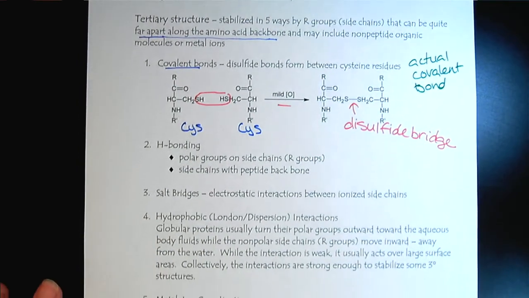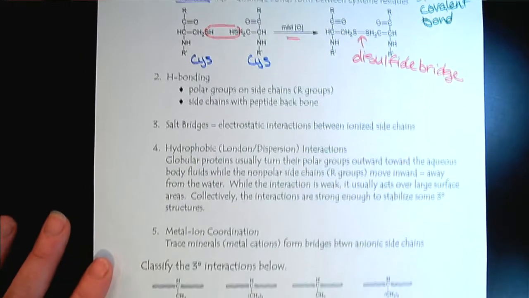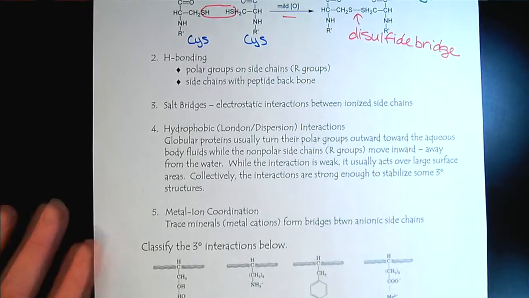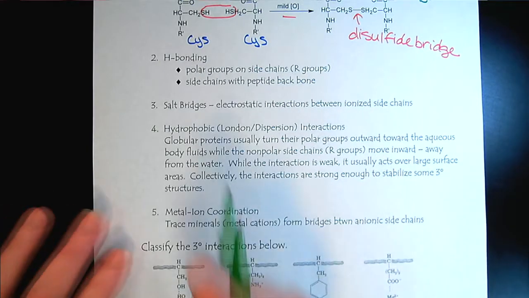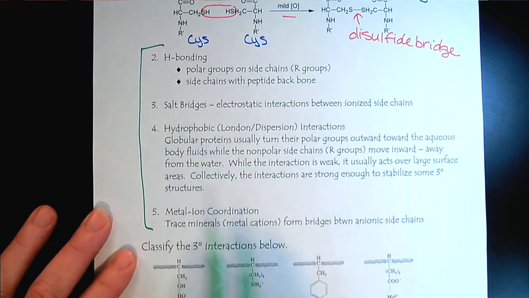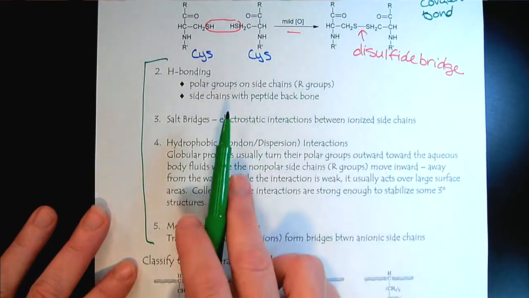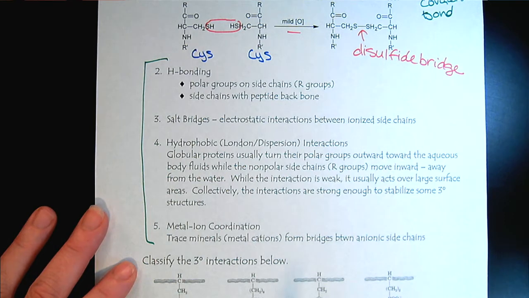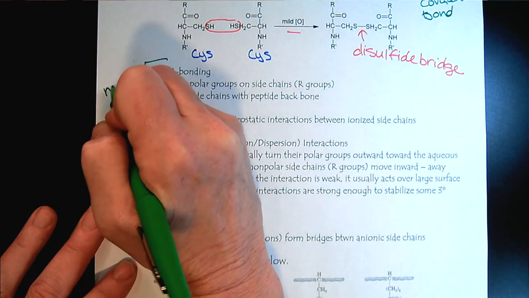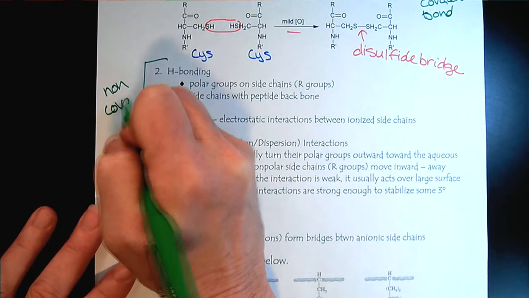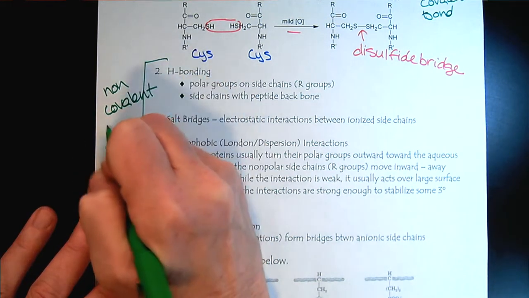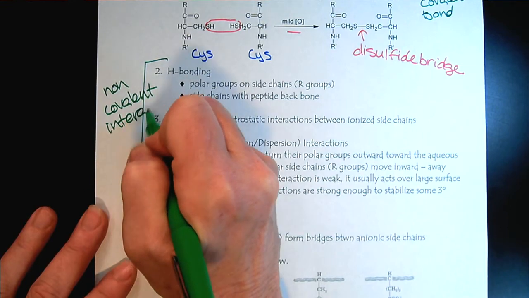Now, the rest of these elements of tertiary structure are called non-covalent interactions, right? So the disulfide bridge is a covalent bond. The rest of these, we can think of them as intermolecular forces, but since they're happening within one giant molecule, the most correct term is to say non-covalent interactions.